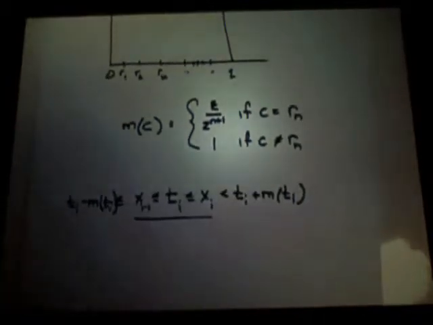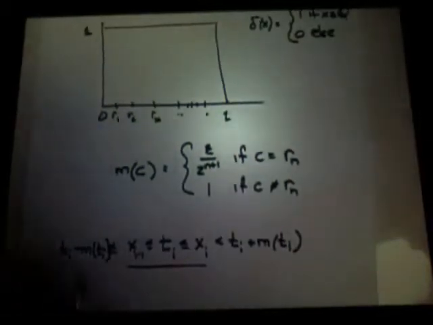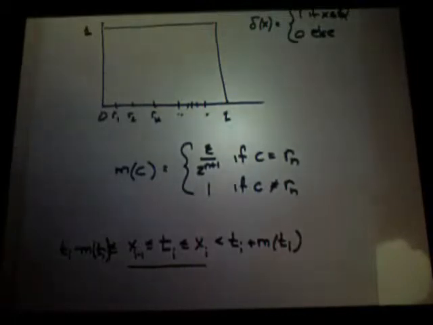Well, whatever partition I pick, it's a finite number, right? And suppose I get finitely many of these bad points, ill-behaved points, the rational points, where the function value is 1.